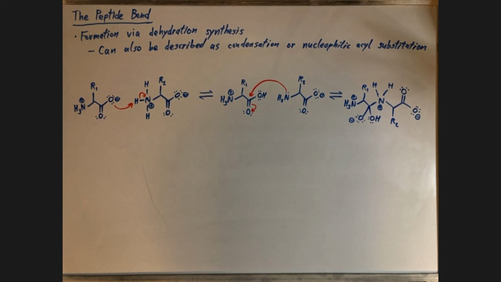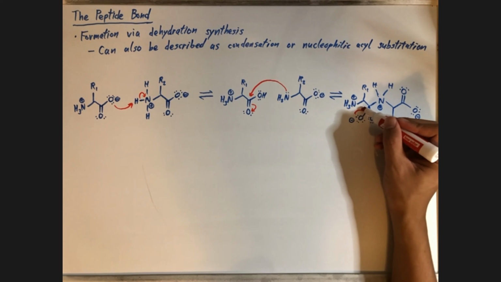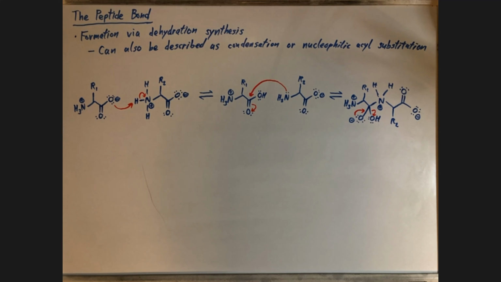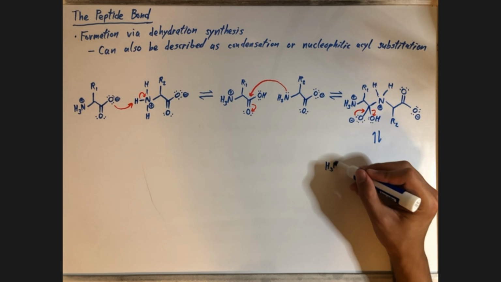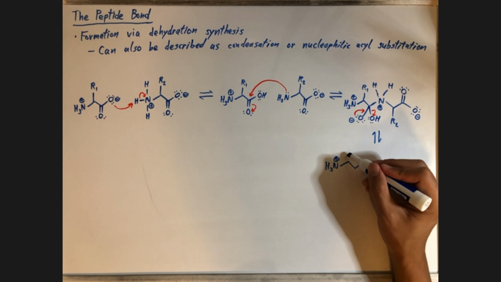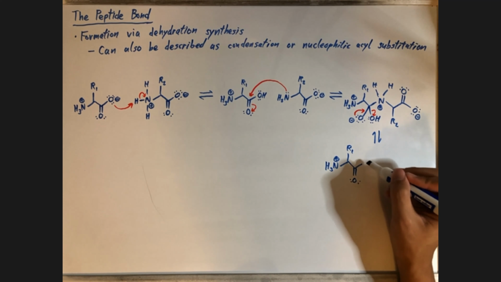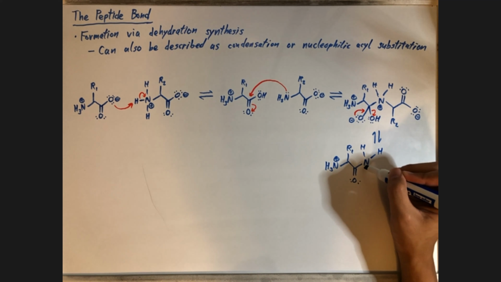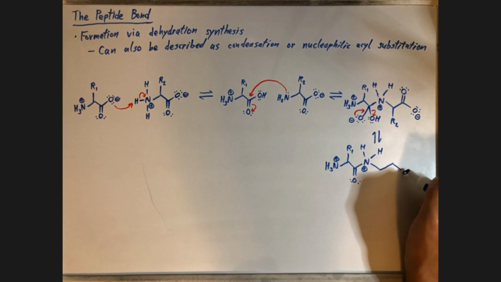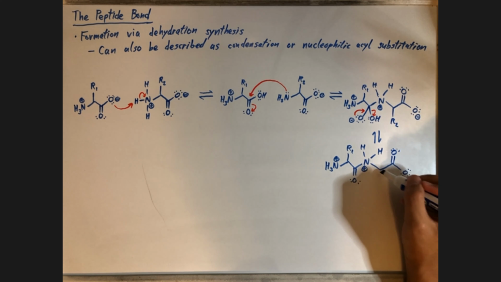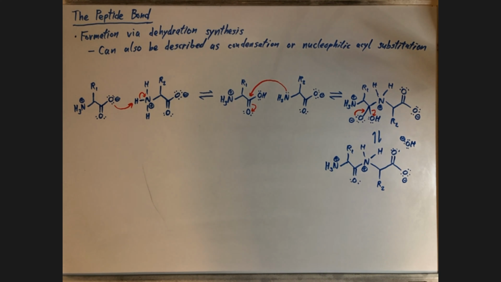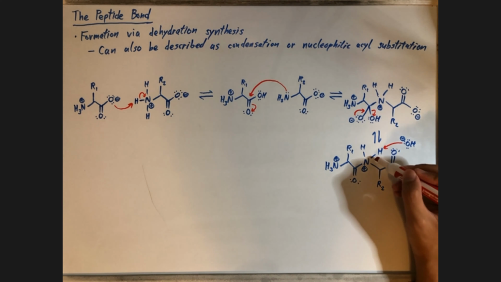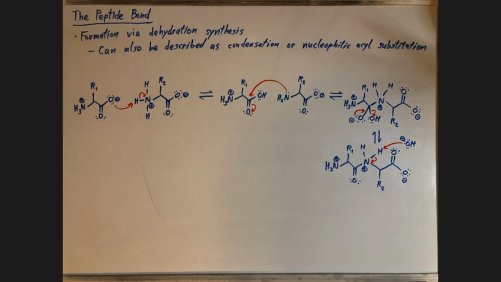Then, the alkoxide will reform the carbonyl and kick out the hydroxyl group. This hydroxyl group will then deprotonate the nitrogen, and you'll finish forming your peptide bond.